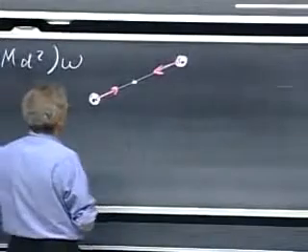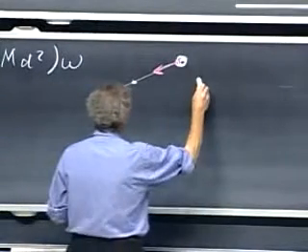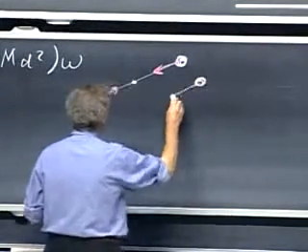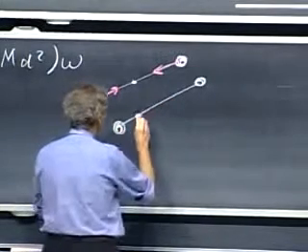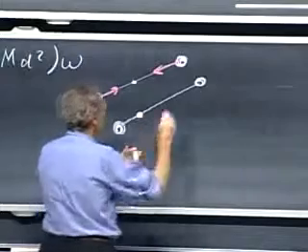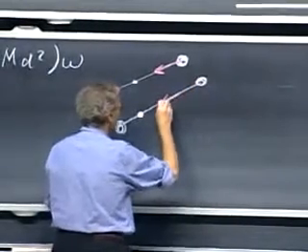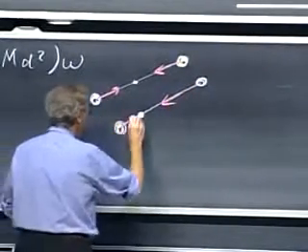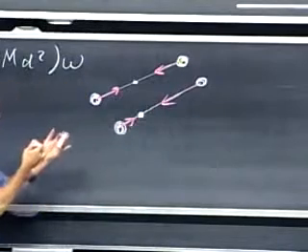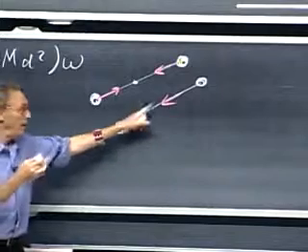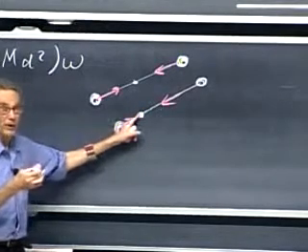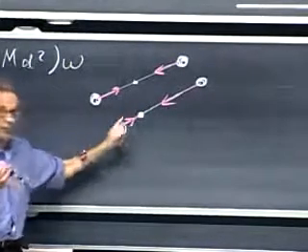However, if I had the situation such that this is my massless rod, and here are the two equal masses, but now I rotate them about this point, then this centrifugal force is larger than this one, so now I have asymmetry, and so now there will be a force on this pin. The ruler will push on the pin, and action equals minus reaction, the pin will push on the ruler.